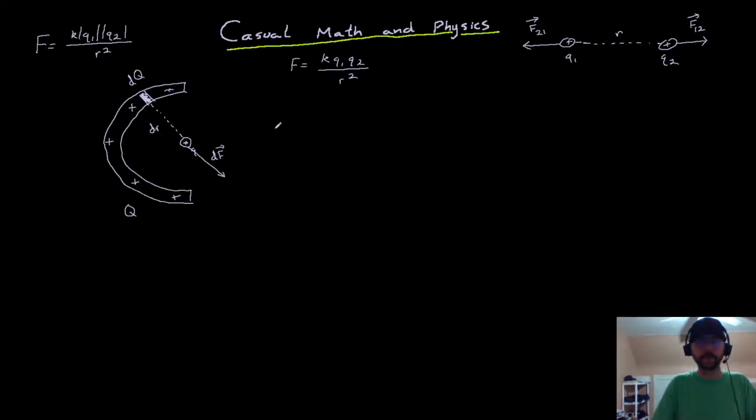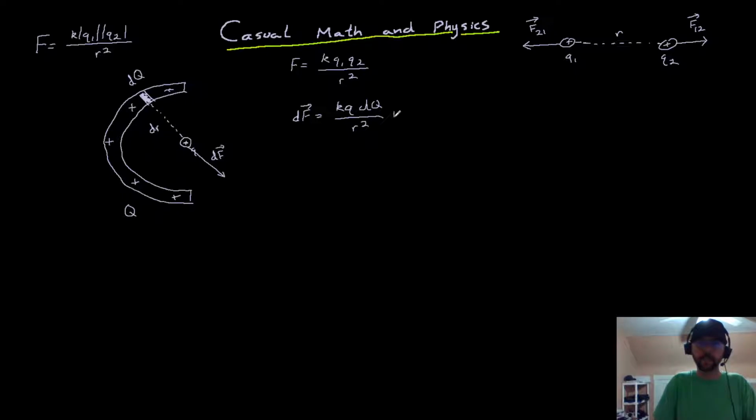Now, what we want to do is, instead of solving for F, we're going to solve for dF. So dF equals k times little q, which is this one, times dQ, which is this one, over r squared, times r hat.